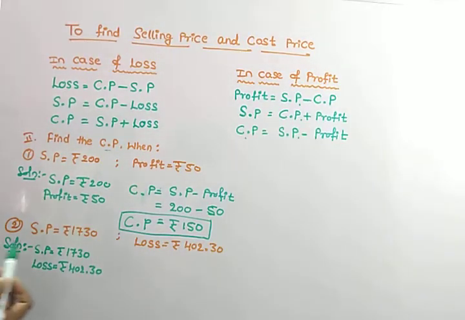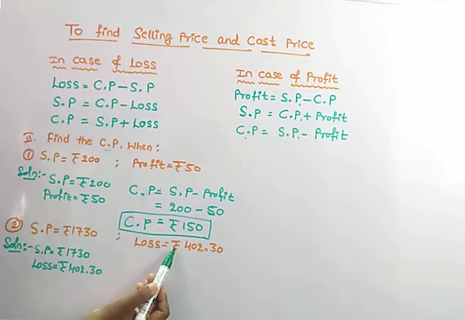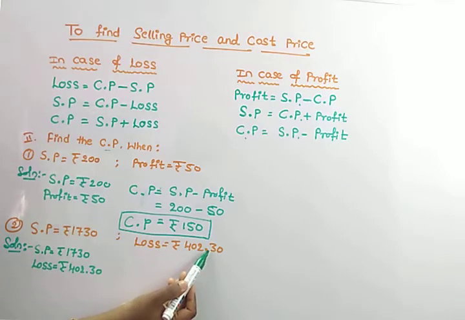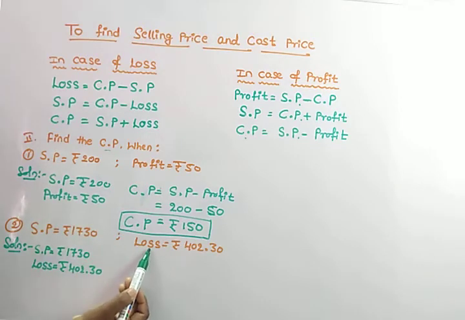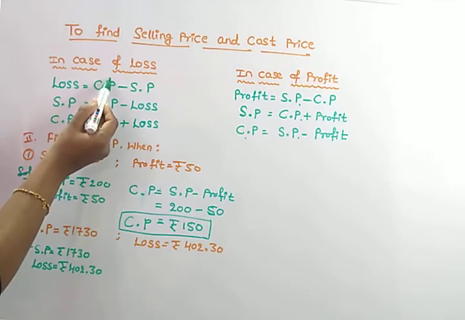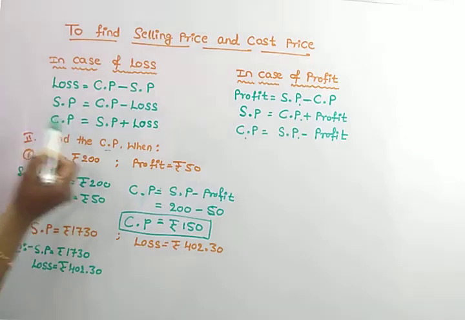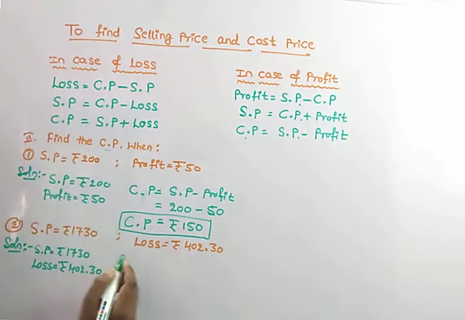The second problem. Find the CP. The selling price is 1730 rupees and the loss is 402 rupees 30 paise. Students, which formula do we have to use? Here loss is given. In case of loss, observe carefully, we need to find the cost price, so we need to use this formula.